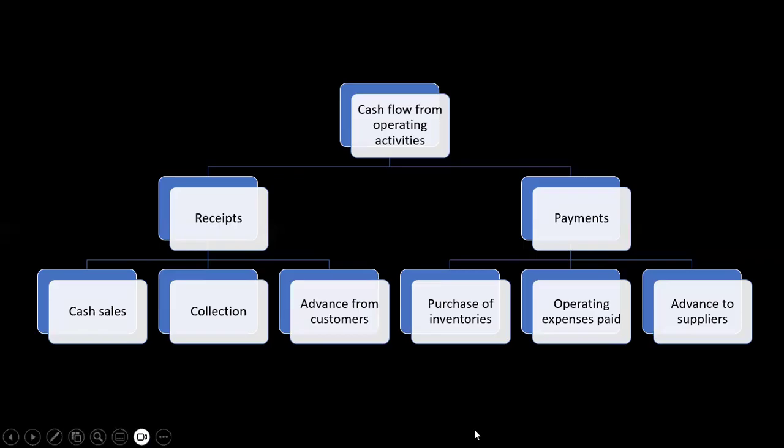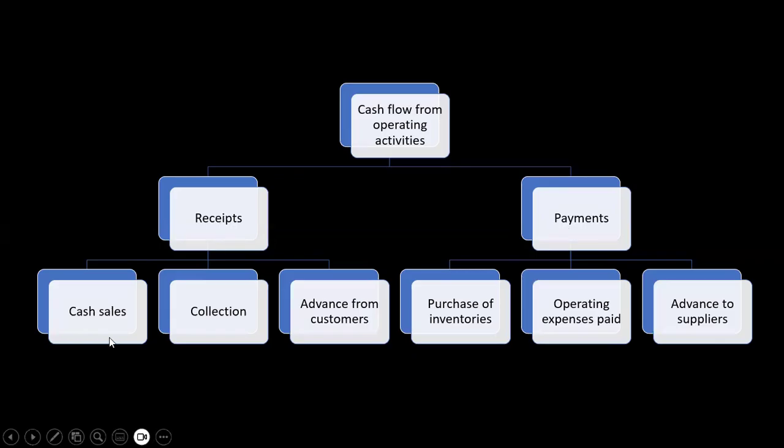Now, this approach of deriving CFO: Ind AS 7 says the CFO can be derived by an indirect method and a direct method. This is the direct method. Direct method means operating receipts minus operating payments.